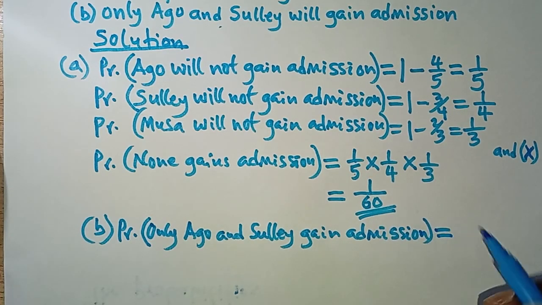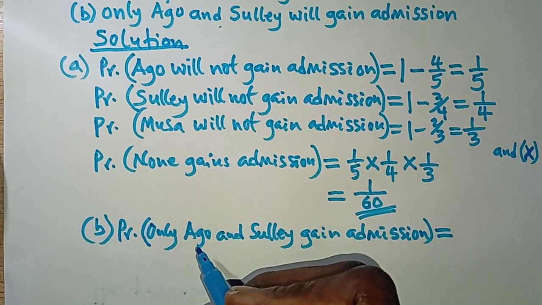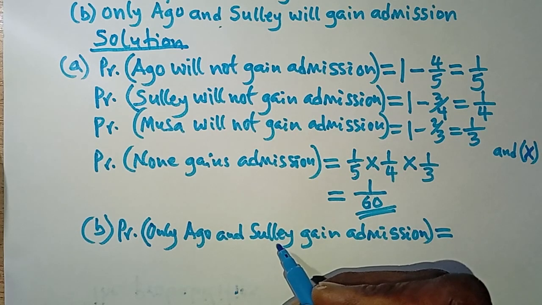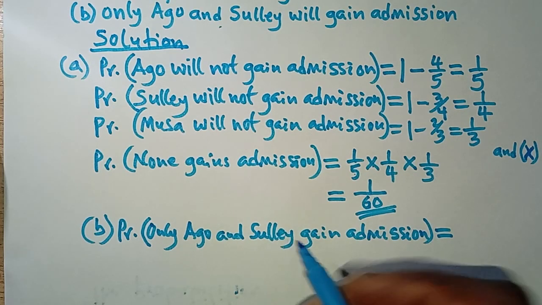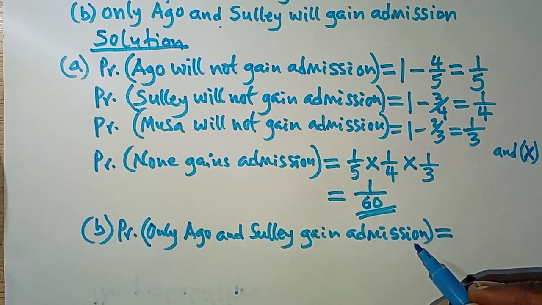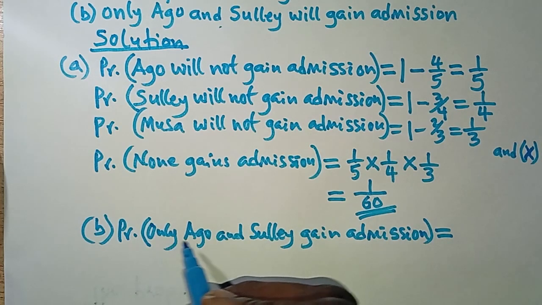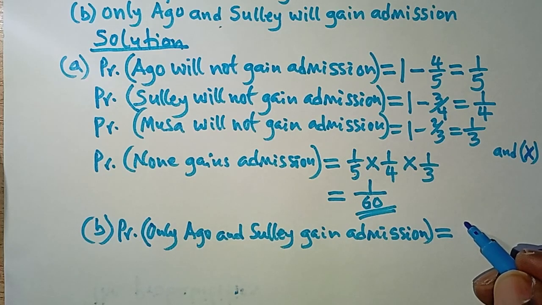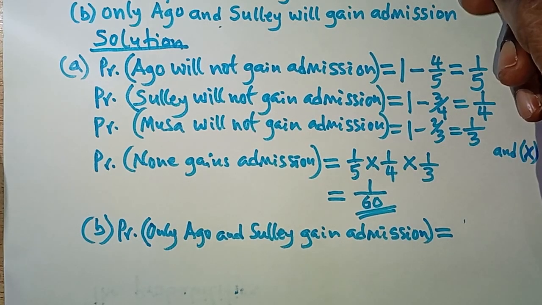That will be equal to, now let's analyze what this statement means first logically. The probability that only Ago and Sule gain admission means that Ago gains admission and Sule gains admission and Musa does not gain admission. So the probability that Ago gains admission is 4/5.